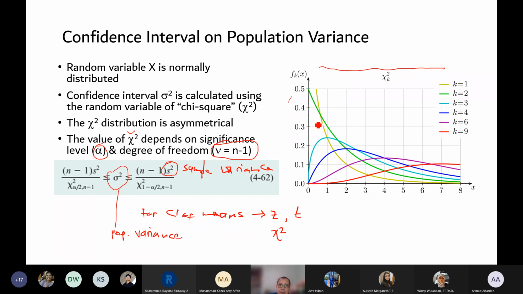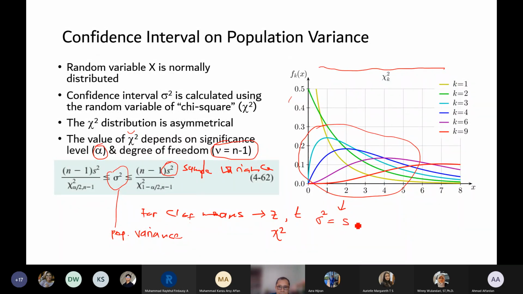So the one thing that you have to be careful about with chi-square is that it is not symmetrical. As you can clearly see, the shape is not symmetrical, so you cannot express the population variance as being like this.